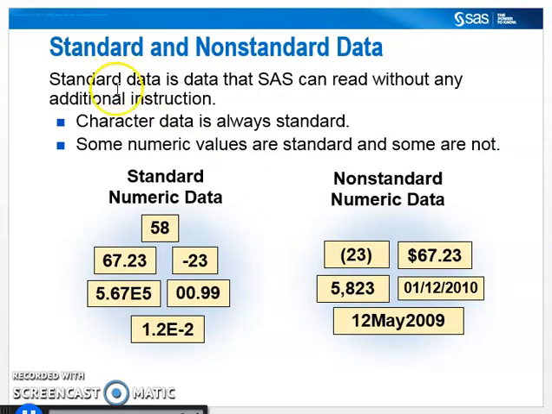Okay, so if you look here, this is the comparison of standard and non-standard data. Standard data is data that SAS can read without any additional instruction. For example, character data is always standard, but some numeric values are standard and some are not. If you look here, standard numeric data includes values such as 58, 67.23, negative 23, and so on.